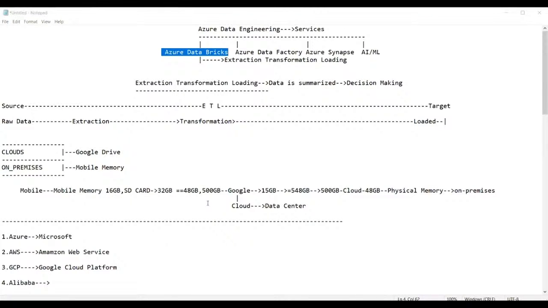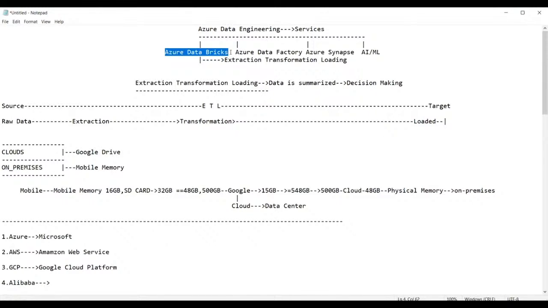You can check the contents brochure. Azure Data Factory and Azure Databricks are both used for the same process, but in Azure Databricks you use a CUI, a character user interface, where you need to use different languages: Python, Scala, R, and SQL.